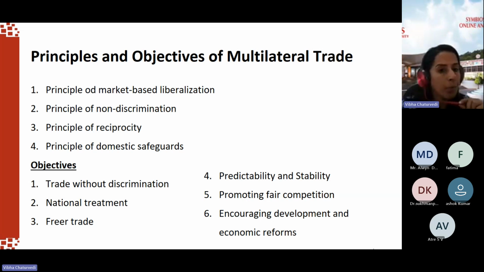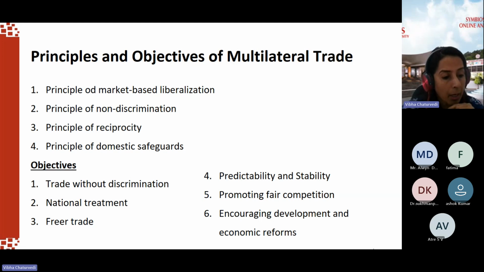Now, it's a principle of domestic safeguards. So some kind of domestic safeguards have to be there, which are the escape clauses that allow governments to temporarily opt out of commitments they have made at the time of change in domestic or international economy for the well-being of their nation.